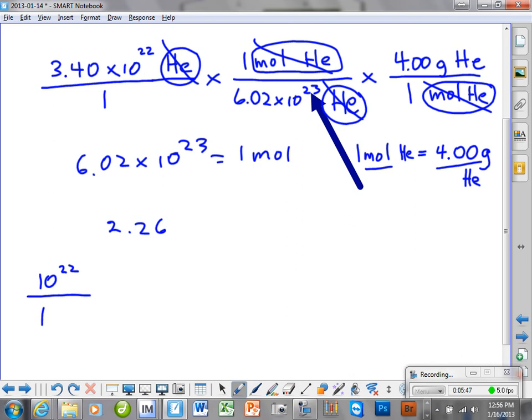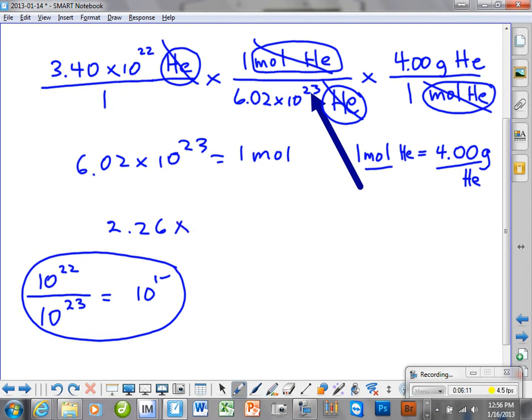So I'm going to go ahead and put our 10 to the 23rd here, and since we subtract the bottom exponent from the top, we're going to wind up with 10 to the minus 1. And now we have to go ahead and put that in, and we'll just put a circle around this so it doesn't get mixed up with the other number. This is times 10 to the minus 1.